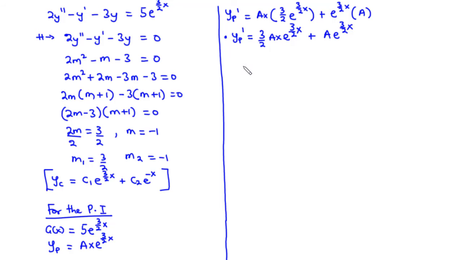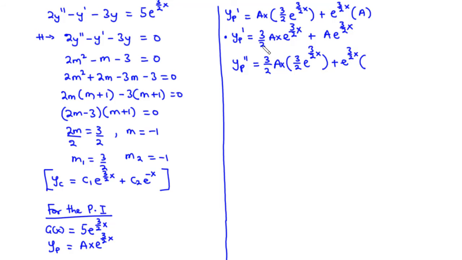Now for yp prime prime, we are going to differentiate this function. So yp prime prime will be equal to, we are going to select first 3 over 2 ax, and then we differentiate e to the power 3 over 2x. That's going to give us 3 over 2 e to the power 3 over 2x, and then plus, we have e to the power 3 over 2x.